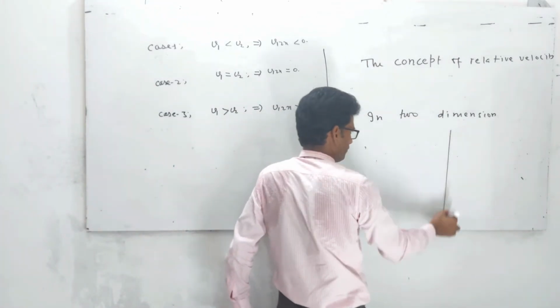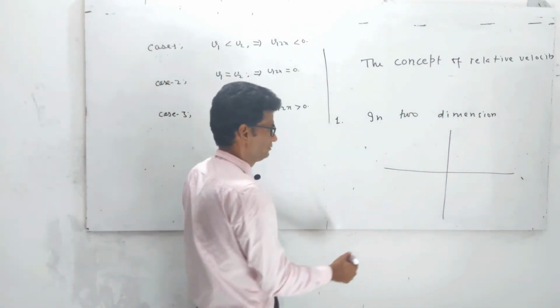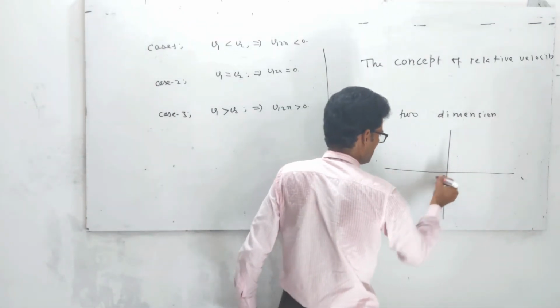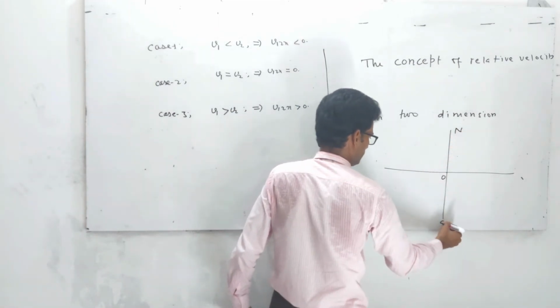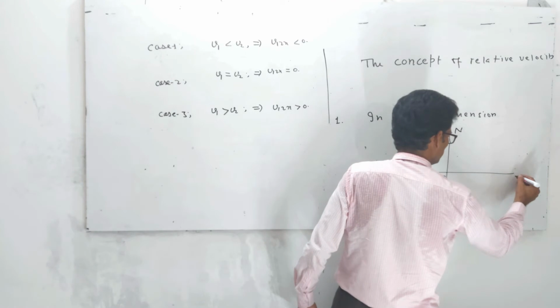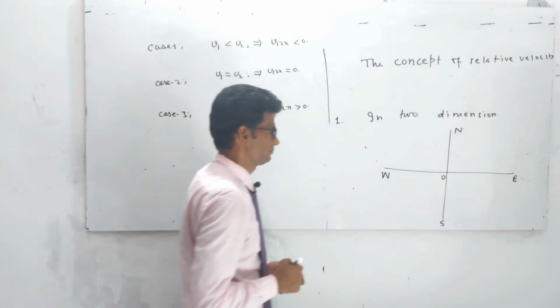So we have two perpendicular roads, say O is the junction. Now take it as north, south, east, west.